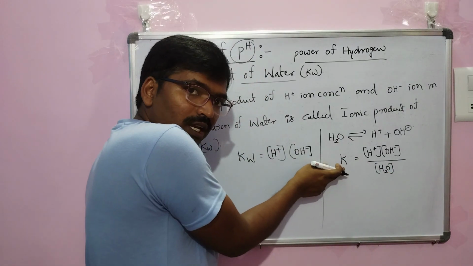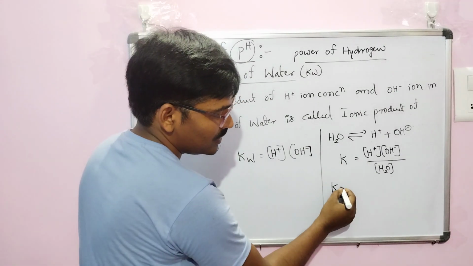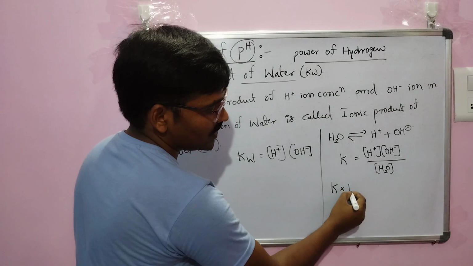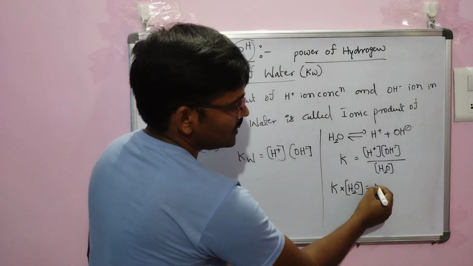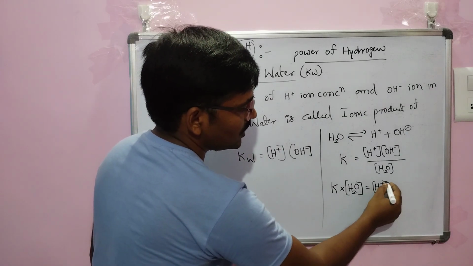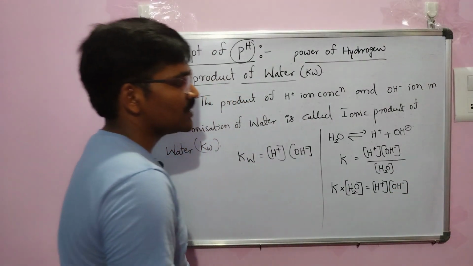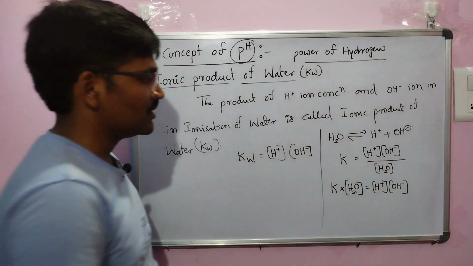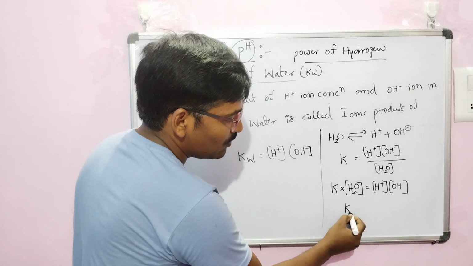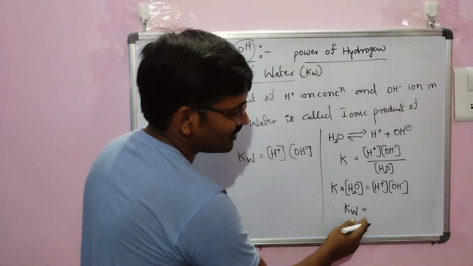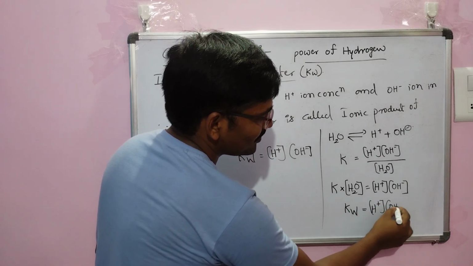It is the equilibrium constant K. So K into H2O concentration equals H plus ion concentration into OH minus ion concentration. Now, equilibrium constant into H2O concentration we call Kw, nothing but the ionic product of water, that is H plus ion concentration into OH minus ion concentration.